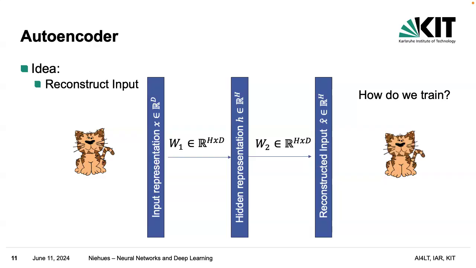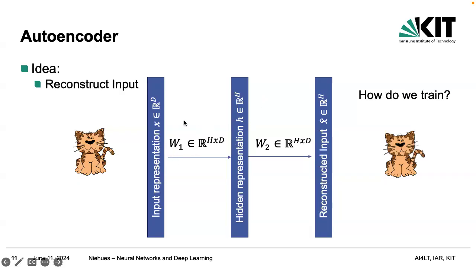So we have here our input representation, our input X. Then we have a very simple neural network, just some matrix W1, which maps this into our hidden representation. Then we take a second parameter W2 to get our reconstructed input.